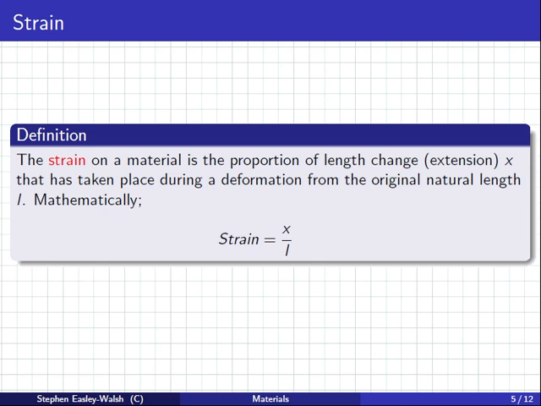Yeah, a proportion. So basically, if the strain was 0.1, it means you've extended it by 10%.